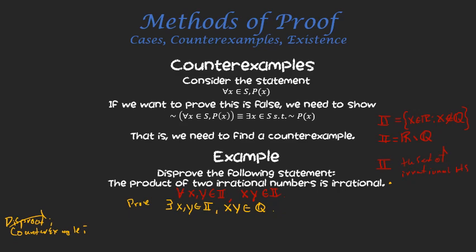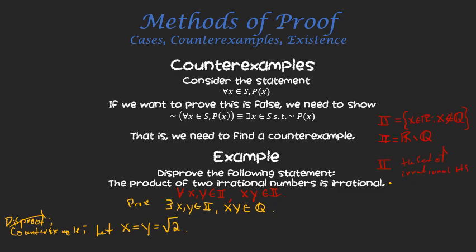We know pi and e are irrational numbers, but also square root of 2 is irrational. I mentioned that in a previous video, and that's going to actually be our example here. Counterexample: let x and y be the same thing, and let them both be equal to square root of 2. Nowhere in here did I say that they couldn't be the same thing. This is still an example of two irrational numbers, right? Square root of 2 and square root of 2.